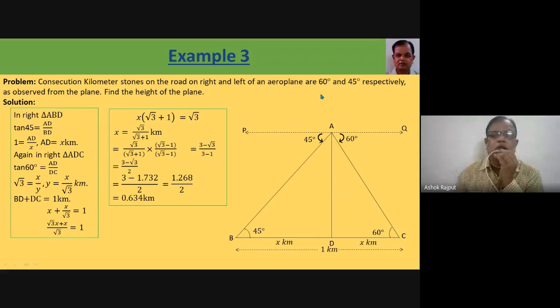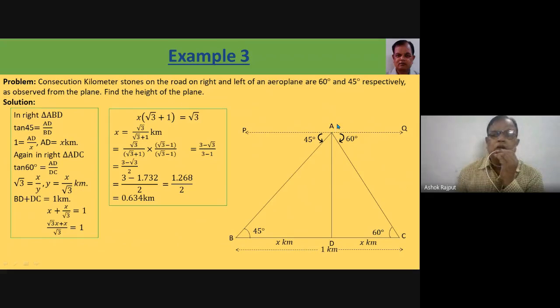These angles are angles of depression because the aeroplane is flying upward, and consecutive kilometers means just after a kilometer. The observer from the plane finds the height of the plane.